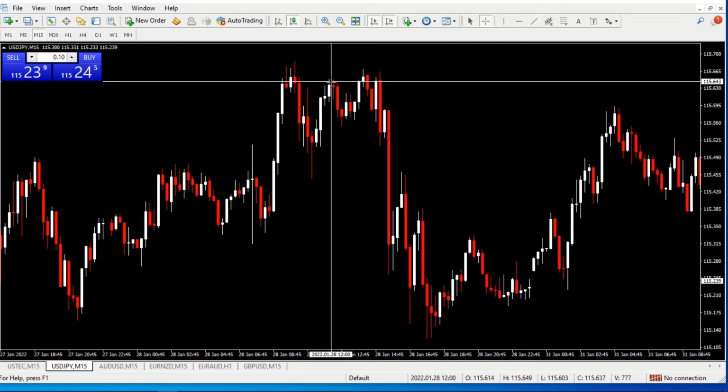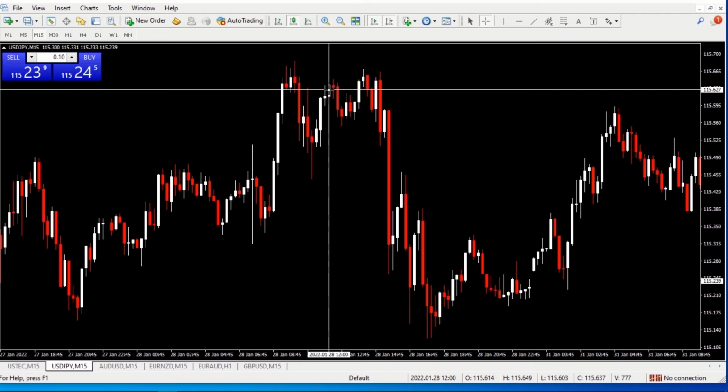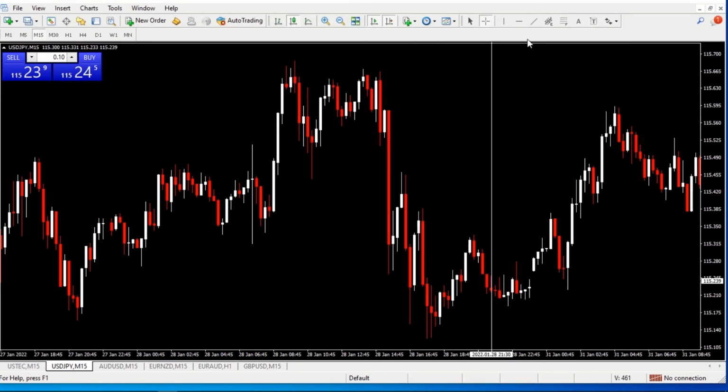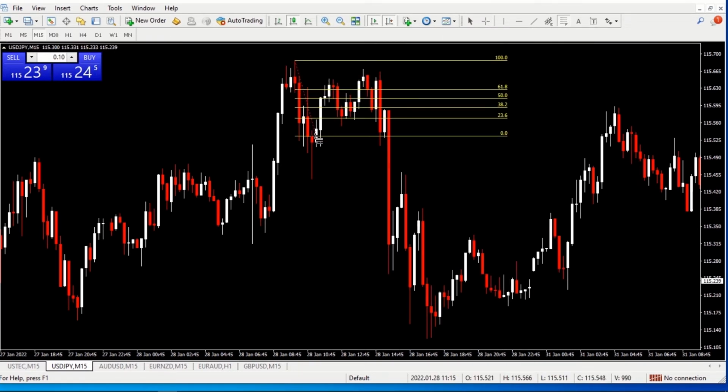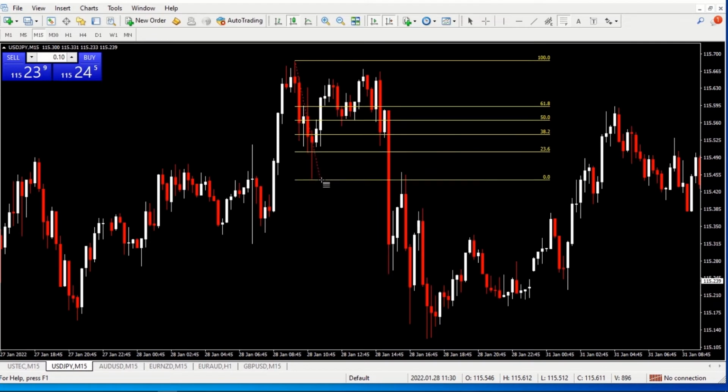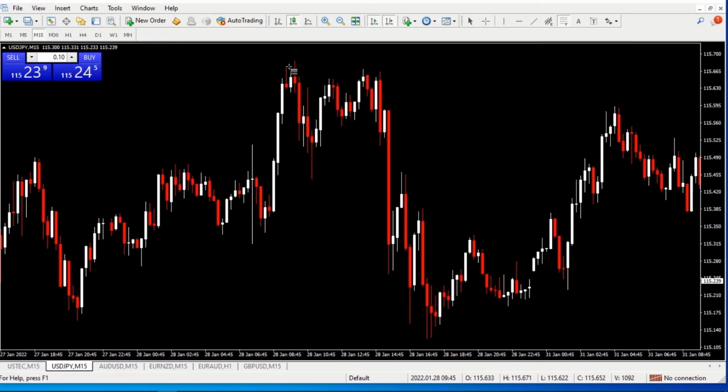You can use your Fibonacci to know the level it's traded into. Looking at it carefully, it traded into the order block at the 61.8 price level.